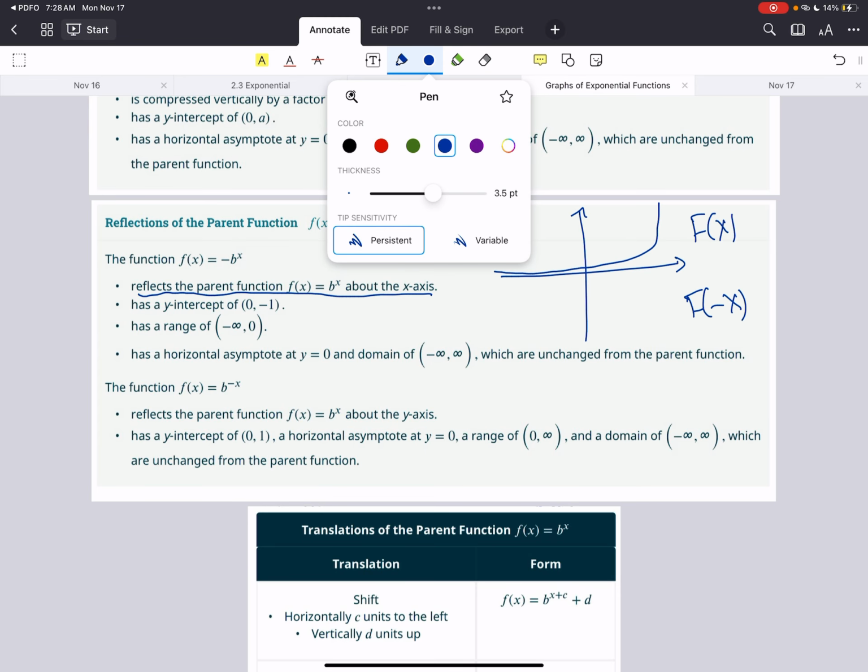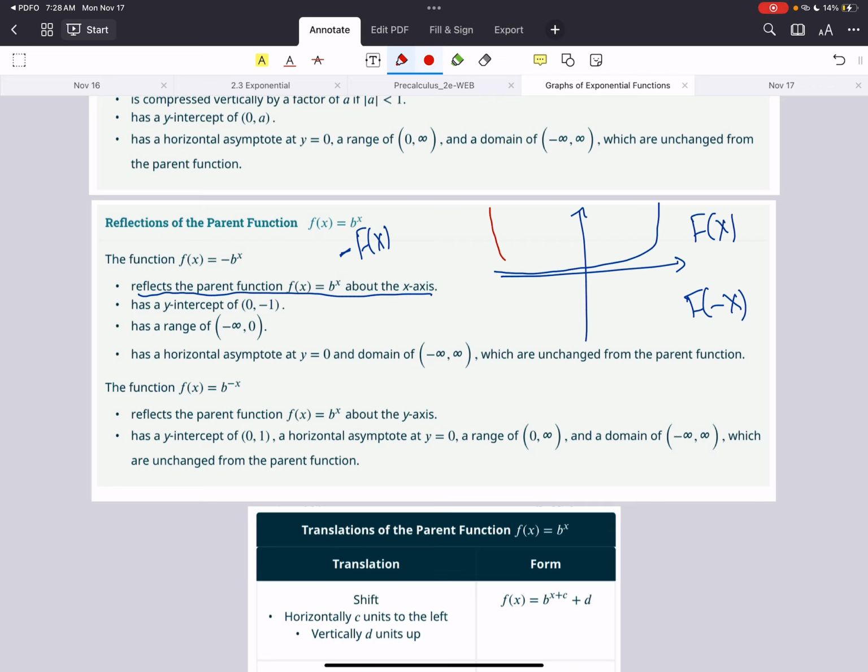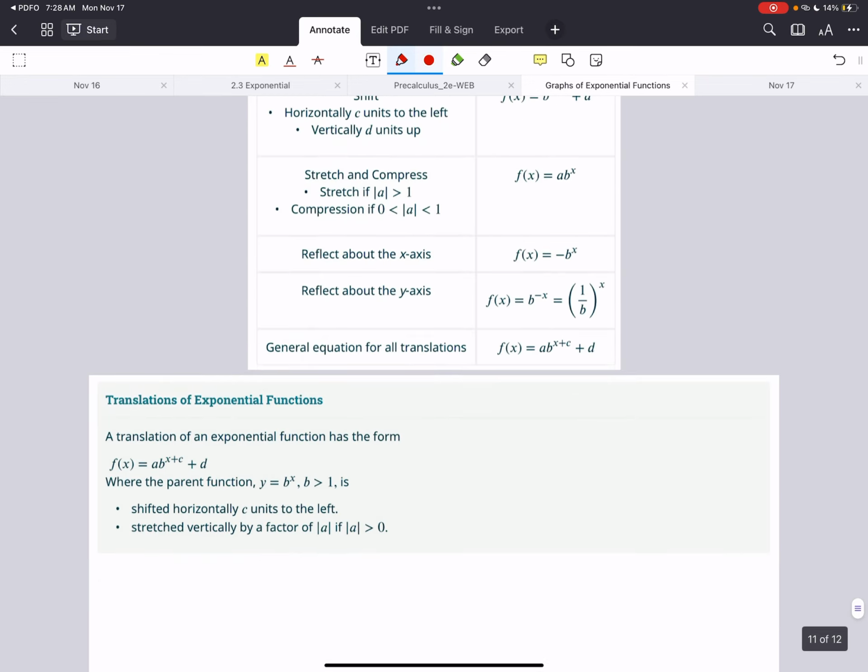Your new function would simply be this function, where you're flipping it across the y-axis. So it goes around the y-axis, if that makes sense. And it has a y-intercept of (0, 1), a range of 0 to infinity, and a domain of negative infinity to infinity. So, that's pretty much it.